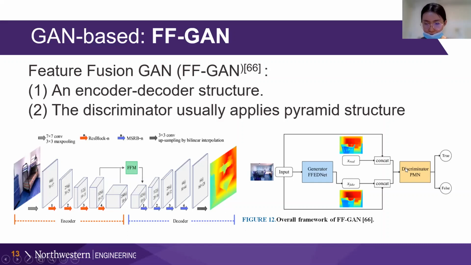So we can train the discriminator first, and then use the discriminator to go back and train the generator. The discriminator usually applies a pyramid structure.